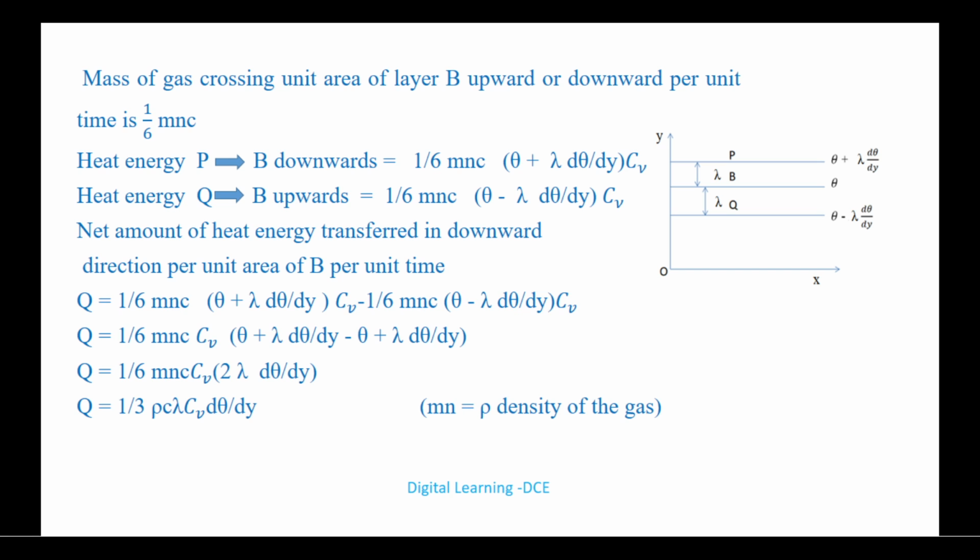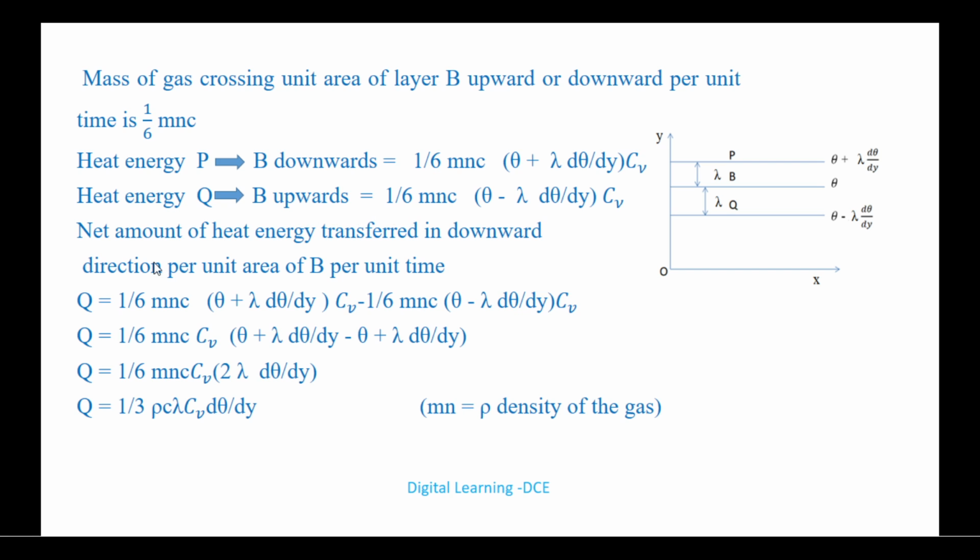Similarly, the heat energy carried by the molecules of the layer Q and crossing unit area of layer B in upward direction per unit time is equal to 1/6 mnc into (θ − λ dθ/dy) into Cv. That is the amount of heat energy carried by the molecules of the layer Q crossing unit area of layer B in upward direction is equal to this much.